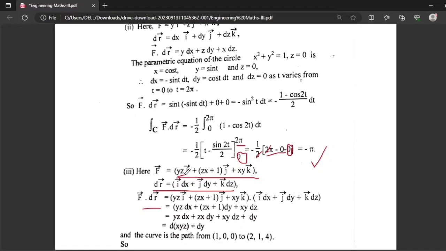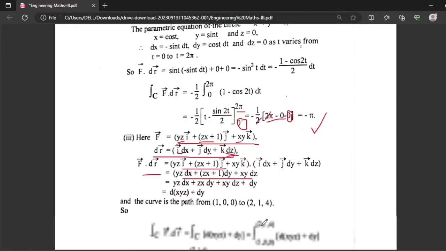It is yz dx plus (zx plus 1) dy plus xy dz.